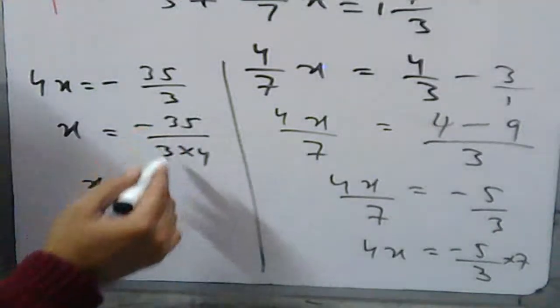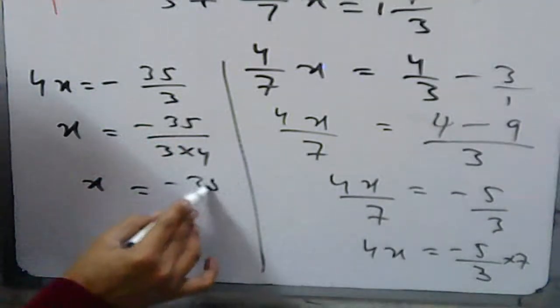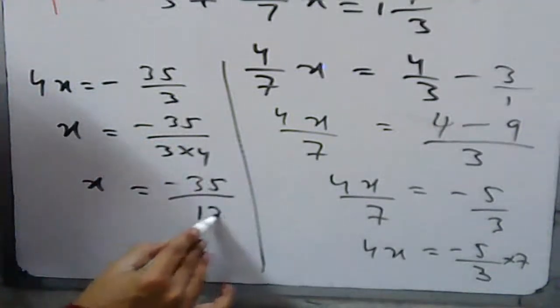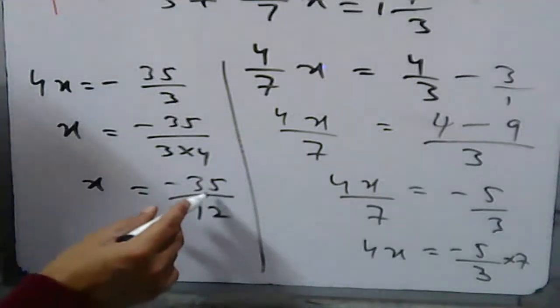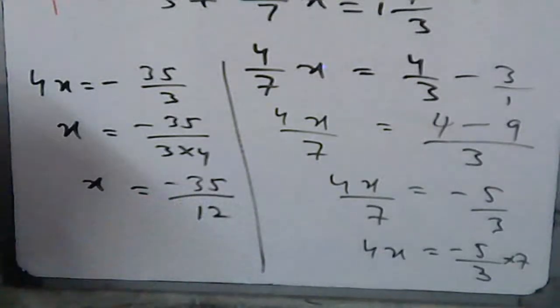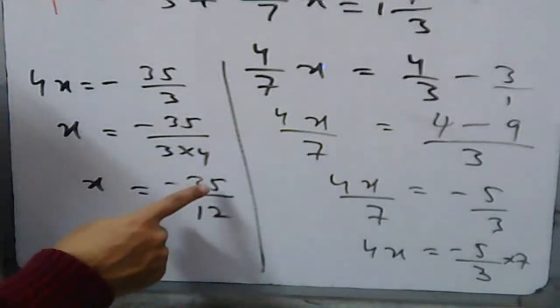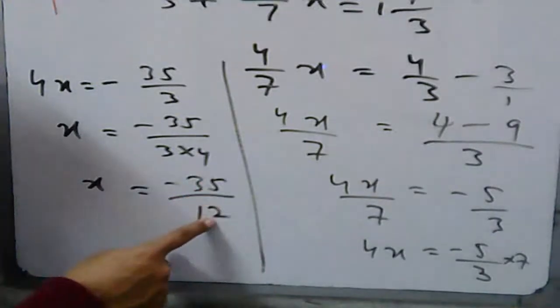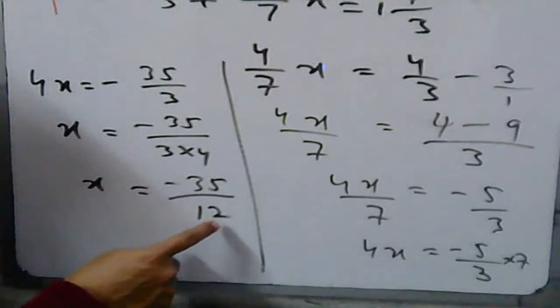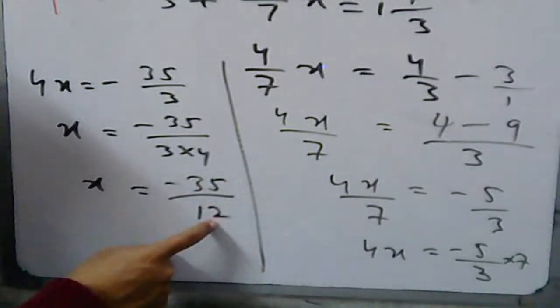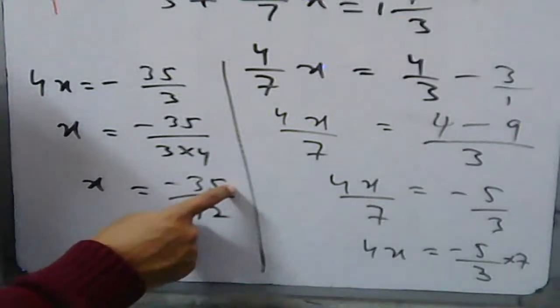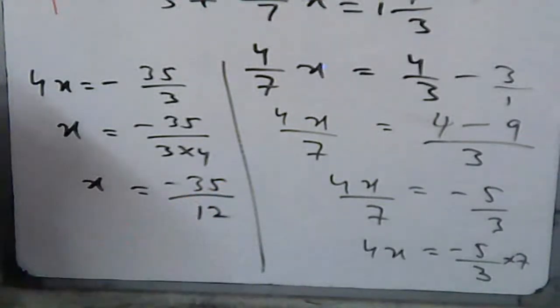So multiply 3 and 4, 4 3s are 12. So that is your required result. If cutting is possible then do it, but 35 is not divisible by 12, using 3 table, 5 table, 3 is divisible into 12 but 35 is not divisible by 3. So that is your required result.